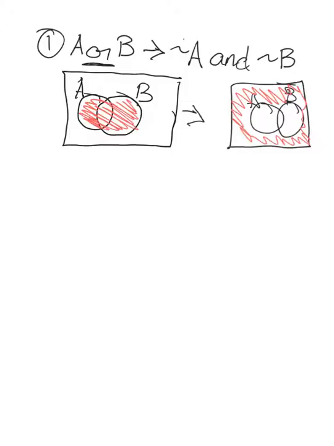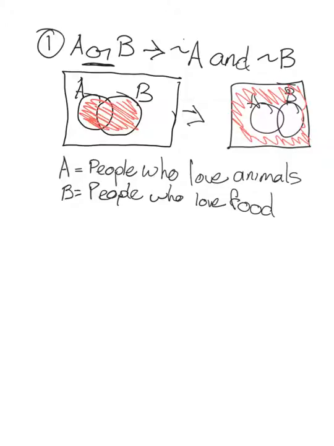Now I am going to be using the same A and B for the next 4 examples. So I've let A be defined as the people who love animals, and I let B be defined as the people who love food.